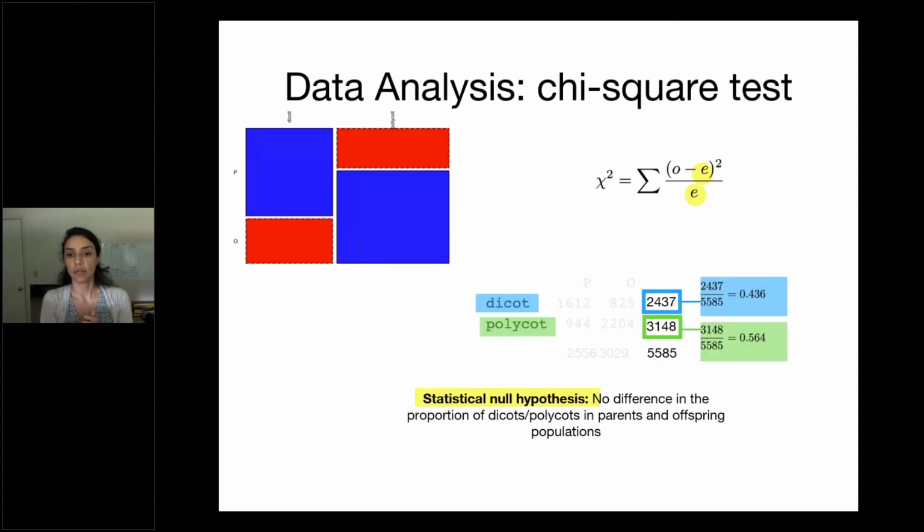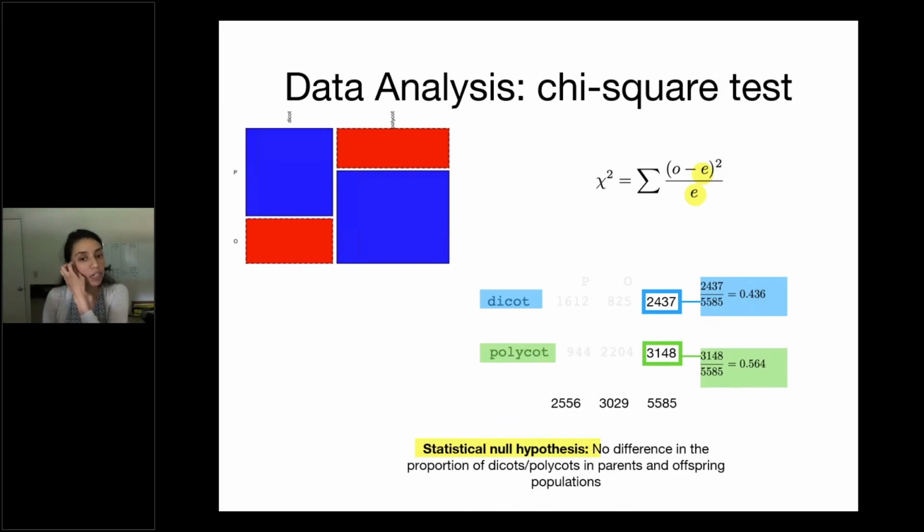So in this case, the proportion of dicots is 2437 divided by the grand total, which gives us roughly 43.6%. And the polycots have a proportion of 56.4%. This is what I would expect without looking at the generations. So I'm not splitting by generations. If I just count how many dicots and how many polycots, and the proportion of each of these two groups, if the null hypothesis is true and there is no difference in these proportions, then I would expect to see these same proportions in the parents and in the offspring.